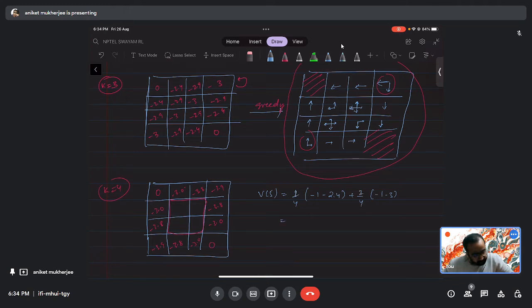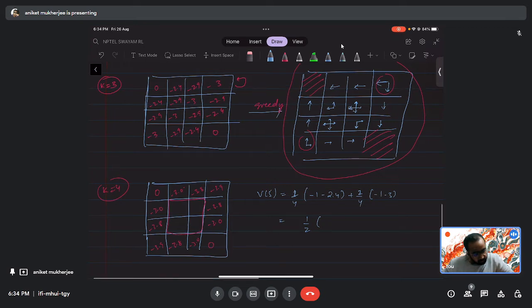So I have 1 by 2 into minus 2.4, minus 3.7. Right? And the diagonal element will also be minus 3.7.